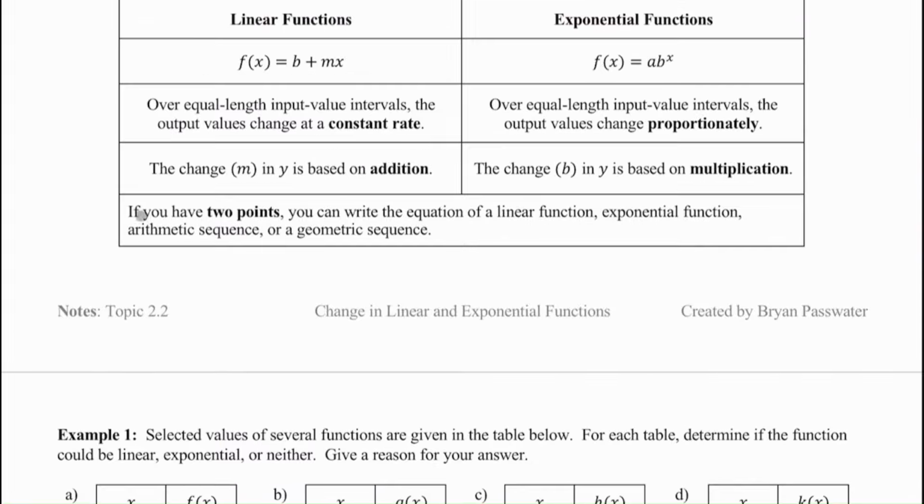And down here it says if you have 2 points, you can write the equation of a linear function, exponential function, arithmetic sequence, or geometric sequence.